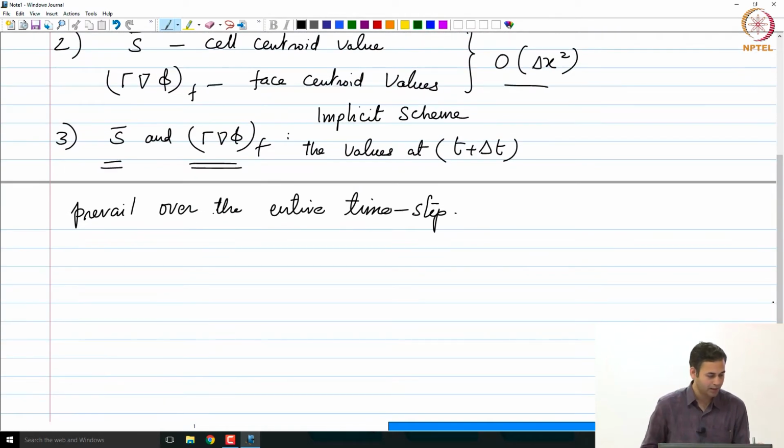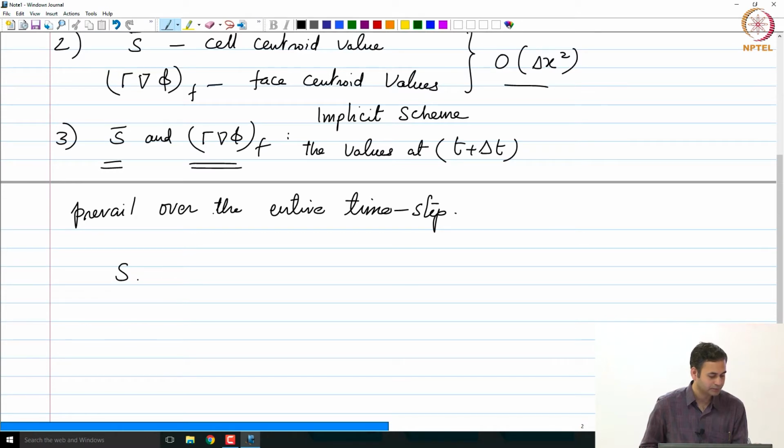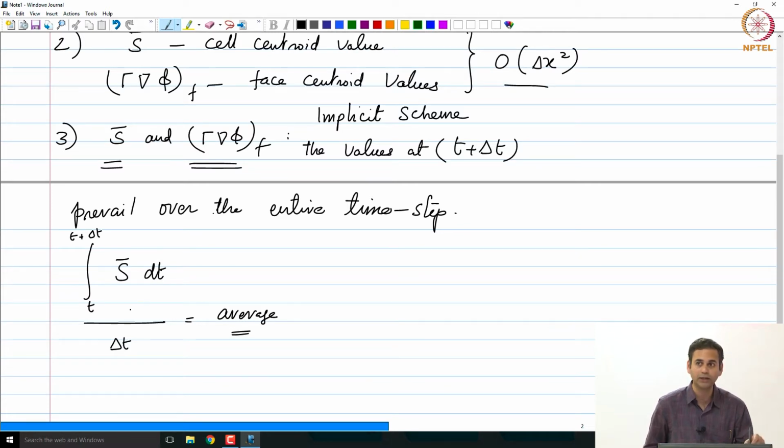That means, let us say if we consider a source term, that is S dV dt. Okay. So, this is already, let us say, S bar on the volume, S bar dt integral from t to t plus delta t, right. This is what we have to evaluate, divided by delta t would give us some kind of an average value for the S bar over the entire time step.